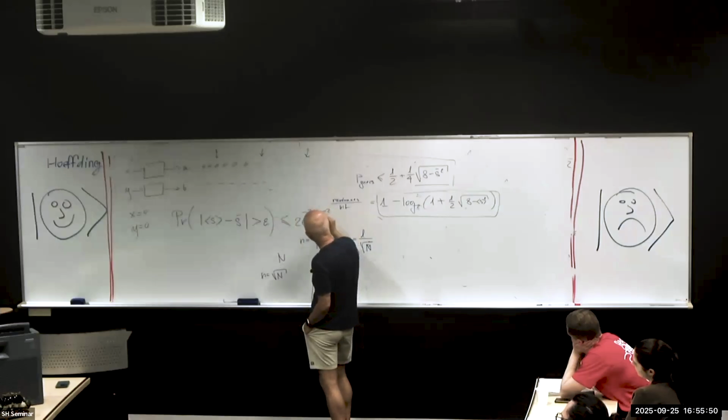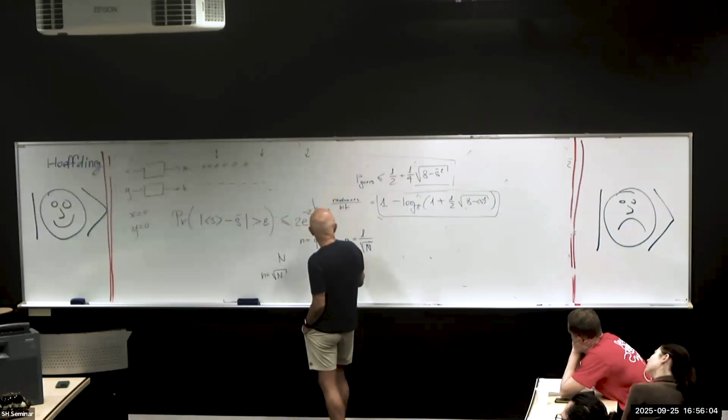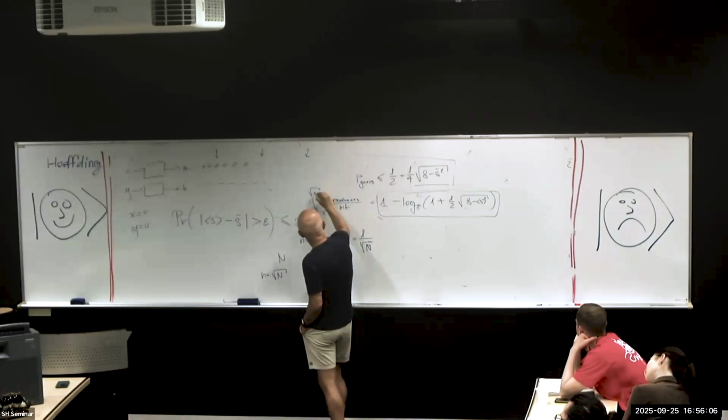I put a small n. And so this thing here then goes like the square root of big N, right?